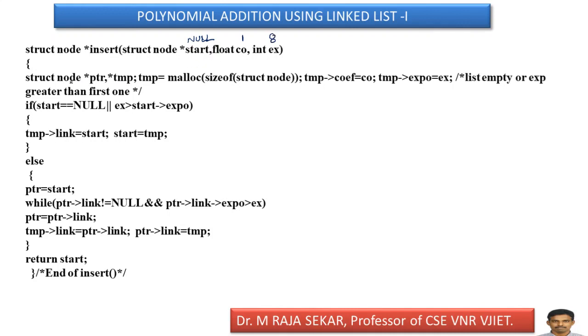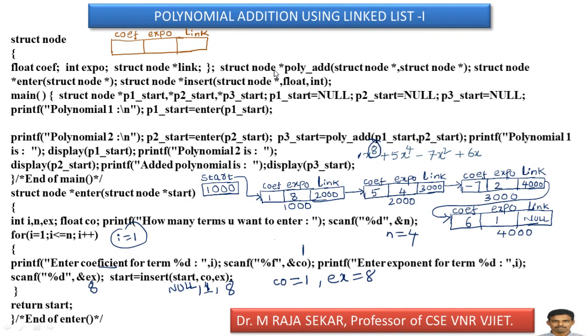Now, where are we? struct node *ptr, *tmp. tmp equal to malloc sizeof struct node. Internally, what happens? A node will be created. How will it be? In this node, what are the fields? In this particular structure, even you can see in the previous slide, what fields you have here?